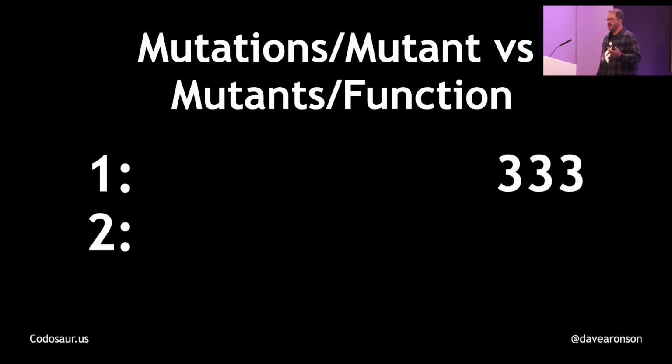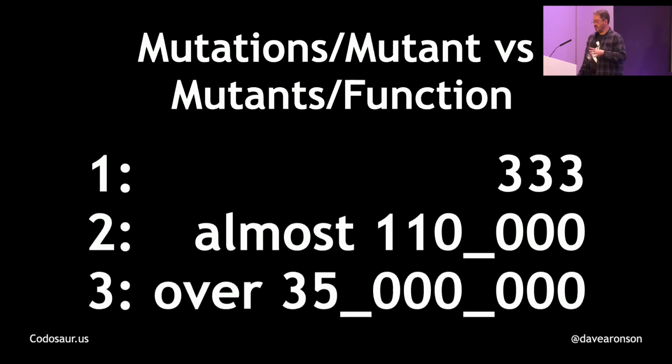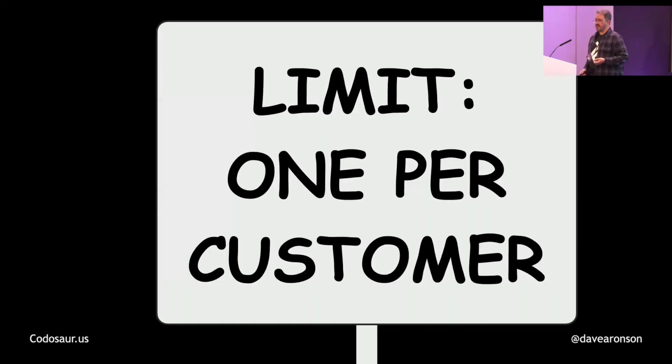With two, we'd already have almost 110,000, and with three, we'd have over 35 million mutants per function. Never mind actually running the tests, just creating the mutants would get to be quite a heavy workload. But we can avoid this huge workload and the increased false alarms and the lack of focus if we just limit it to one mutation per mutant.